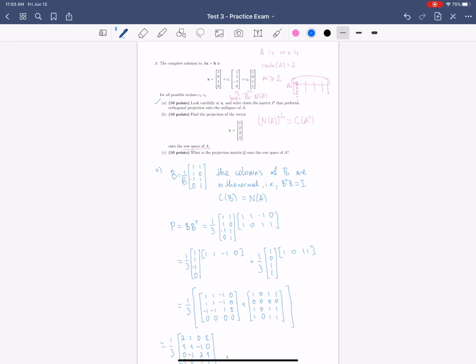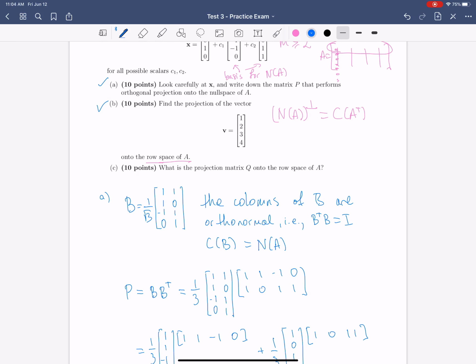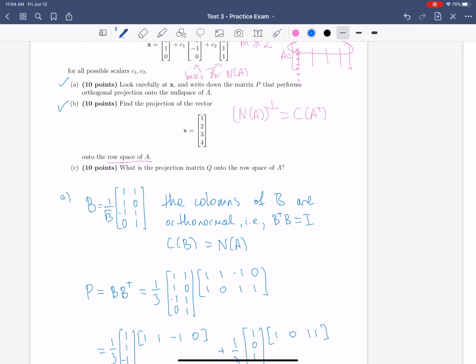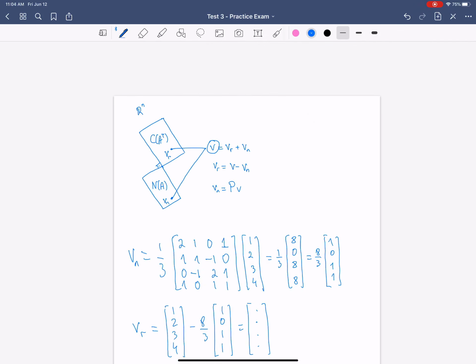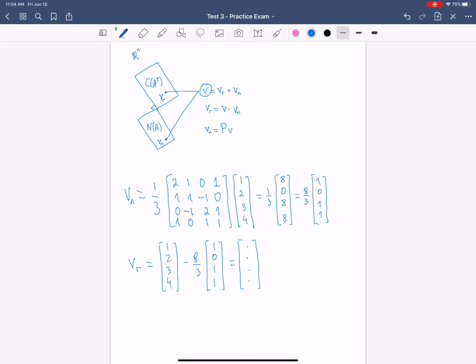So we took care of part A, we took care of part B. What about part C? What is the projection matrix Q onto the row space of A? So let's go back to this picture. Can we use anything that we have computed here to find the projection matrix?